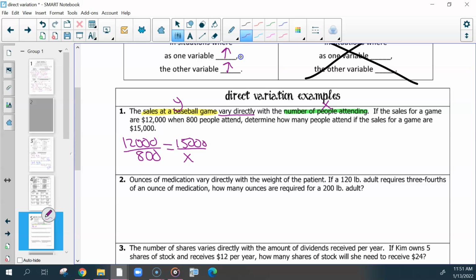So then, as before, you would cross multiply. I'm doing this off memory of me doing it earlier today, but you can double check that. And then divide both sides by 12,000.